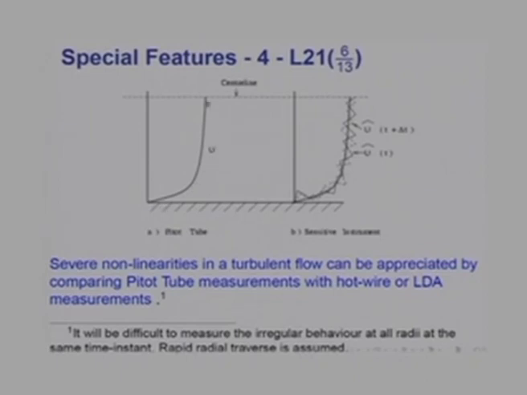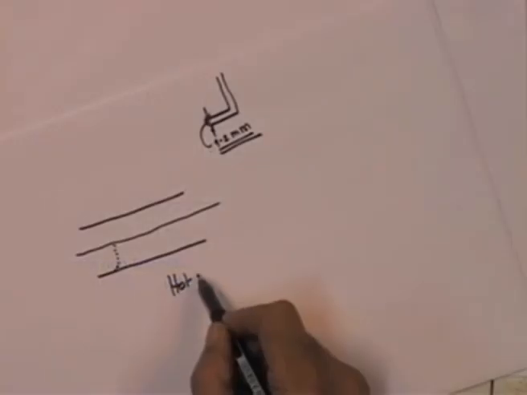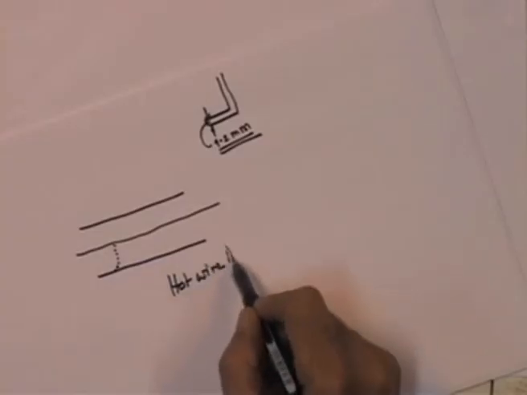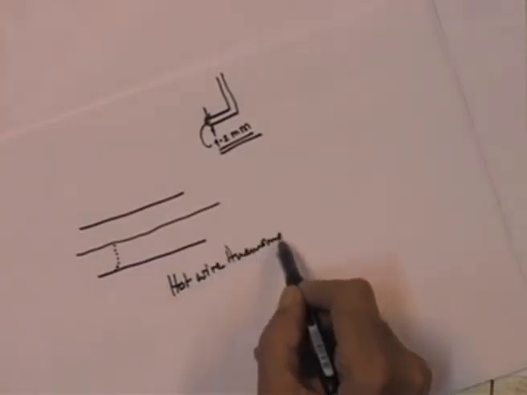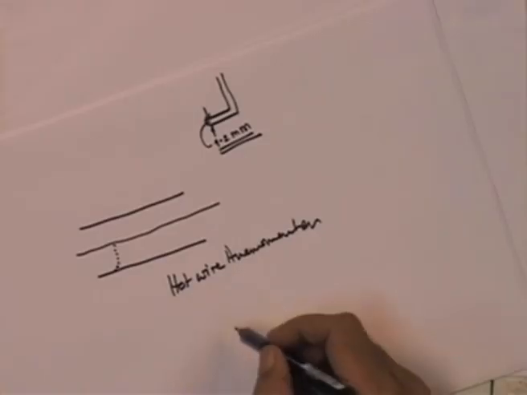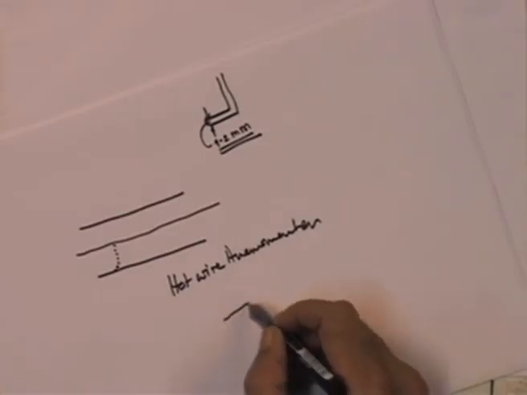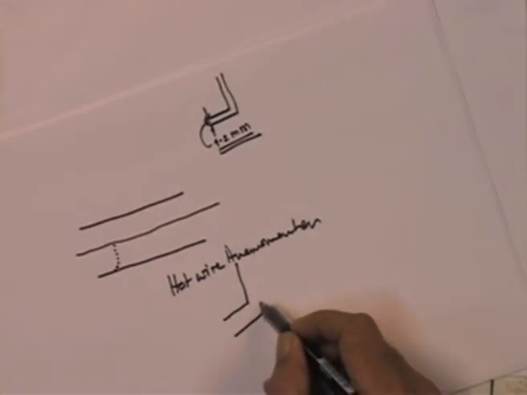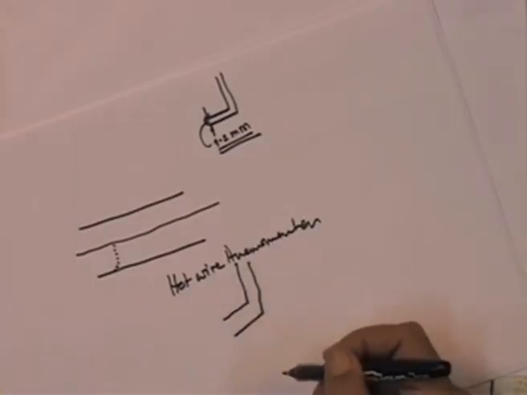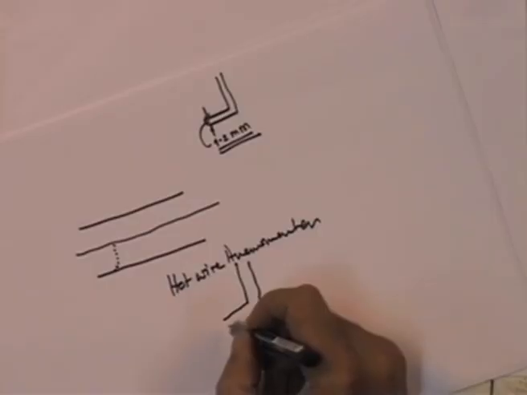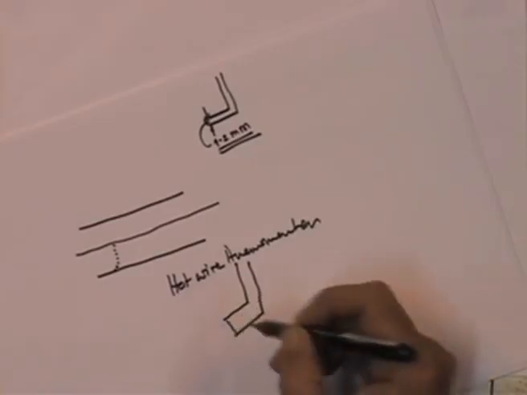On the other hand, if I used an instrument known as a hot wire anemometer, it has two stems, and in this a wire is connected.